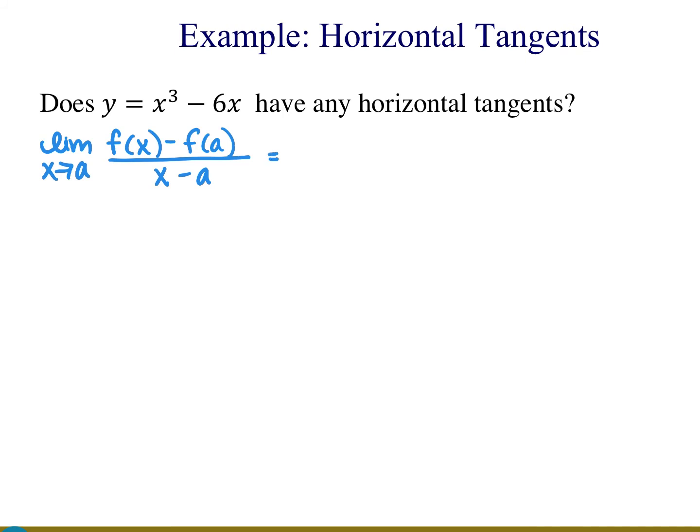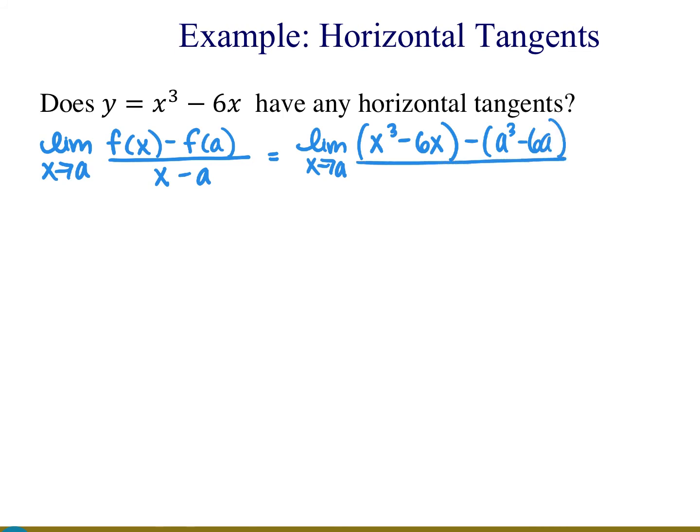That's going to give me f of x, that'll be x cubed minus 6x, in parentheses, minus f of a. So that'll be a cubed minus 6a, in parentheses, all over x minus a. And now I'm going to put this in order and see what's going to happen.